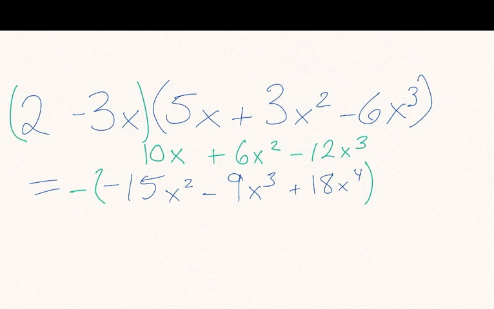Is 2 minus 3x in parenthesis multiplied by the other thing the same as without the brackets? It's not, because if it's in the bracket, that means that's one thing. If it's not, then yes, those are two different things.